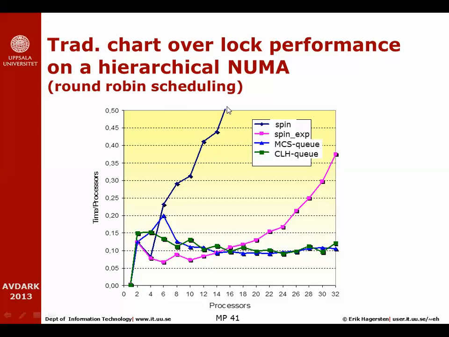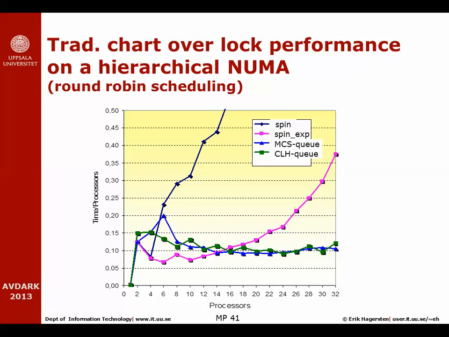We have a version of a spin lock we haven't talked about, where you have a spin with exponential back off, which performs much better. We have the CLH lock, which is queue-based, and there's another lock proposed by Mellor-Crummey and Scott, the one who wrote the paper we have in the course directory, and it's really comparable to the CLH lock.